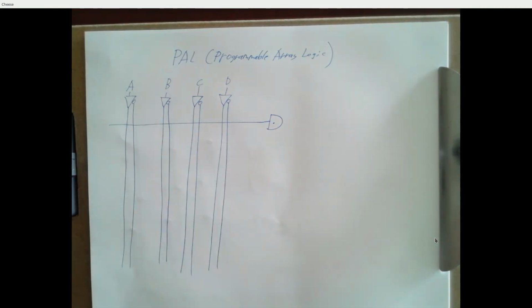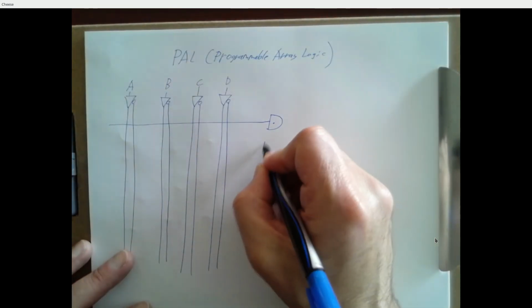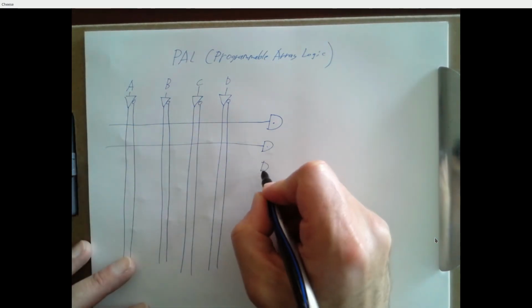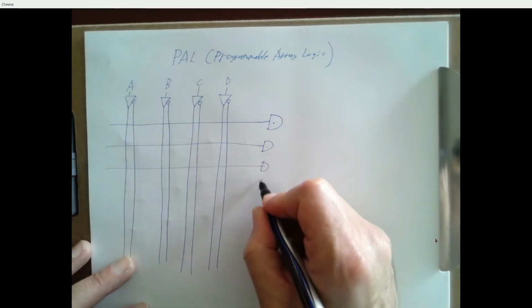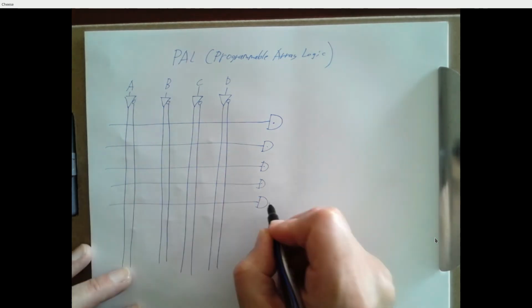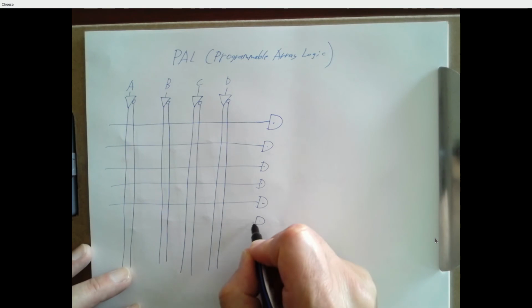But I don't want to keep drawing 4 lines over and over and over again, so I'm just going to draw a single line with an AND gate symbol. And I'm going to do a bunch of these. So I don't know, we'll do 6 of them.